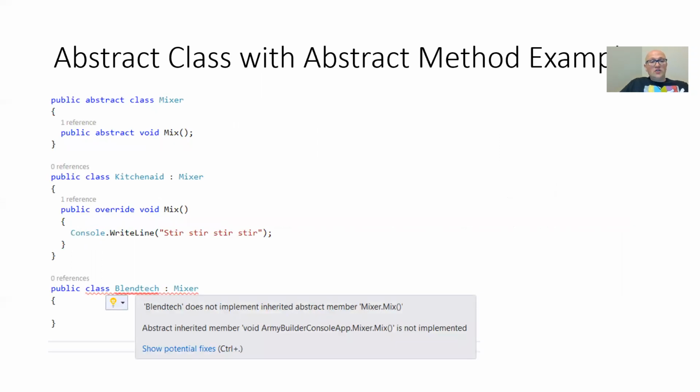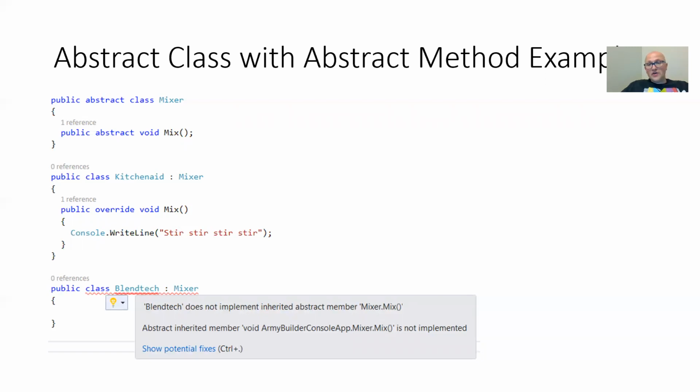So this is what this could look like. So we have a mixer and then we have a KitchenAid class, okay? In the mixer, we have an abstract class and it has an abstract method mix. Okay, so KitchenAid mixer is going to have to mix. And then a BlendTech blender, it is a mixer, but it's a very different type of mixer. We did not implement a method called mix.